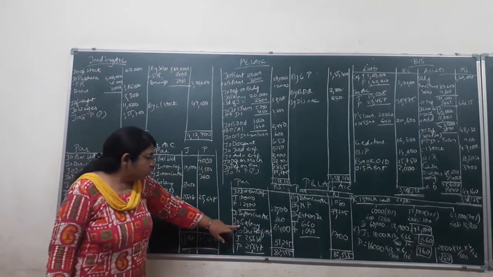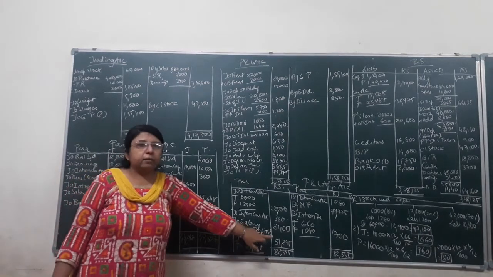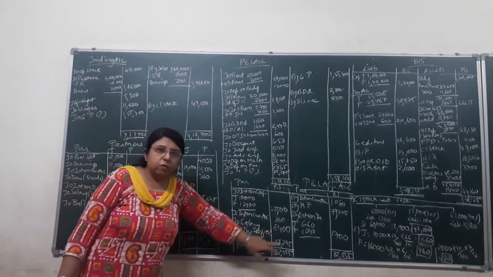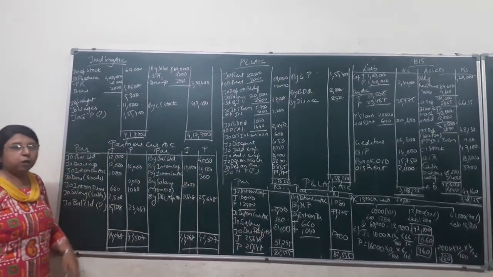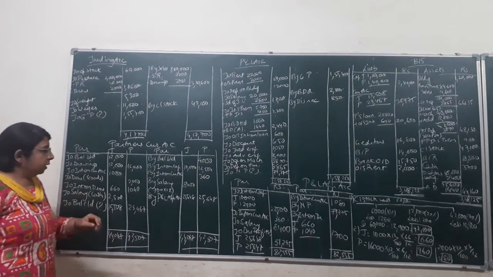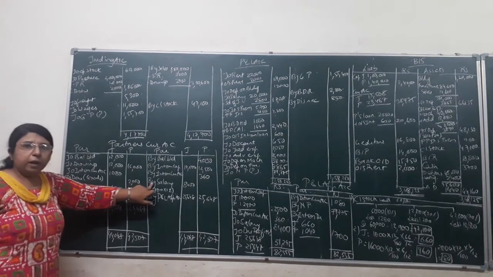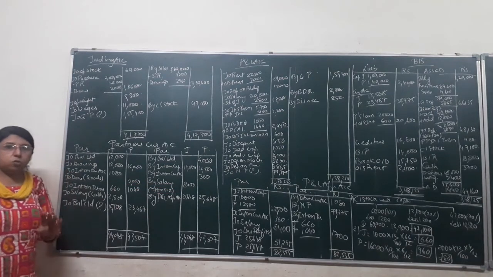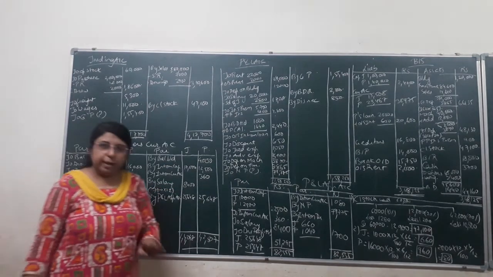So to salary 8,400, and the simultaneous effect of that salary, that is 8,400, would be on the credit side of partners current account in the column of J, that is 8,400. So 4 effects would be there of salary.